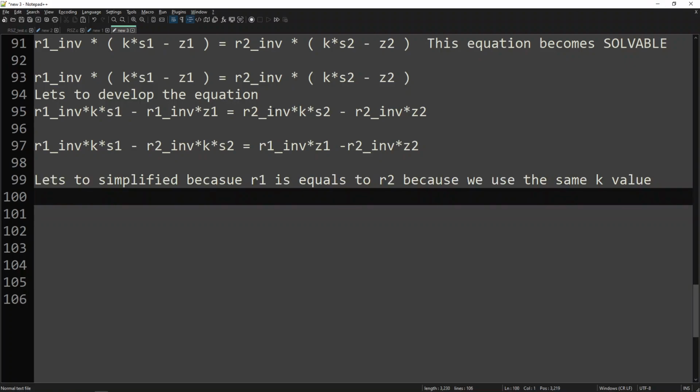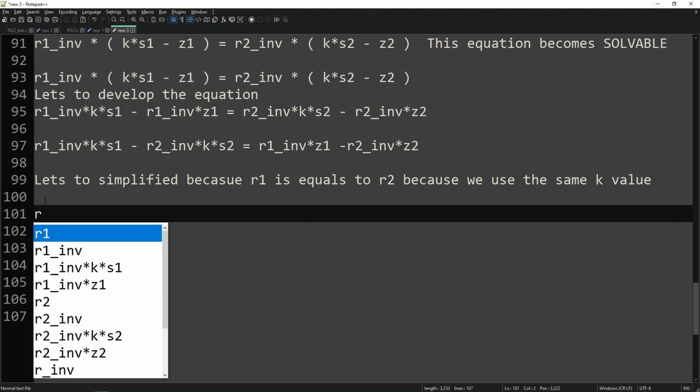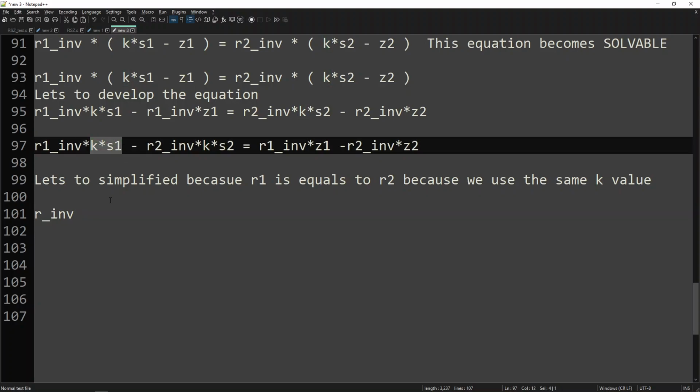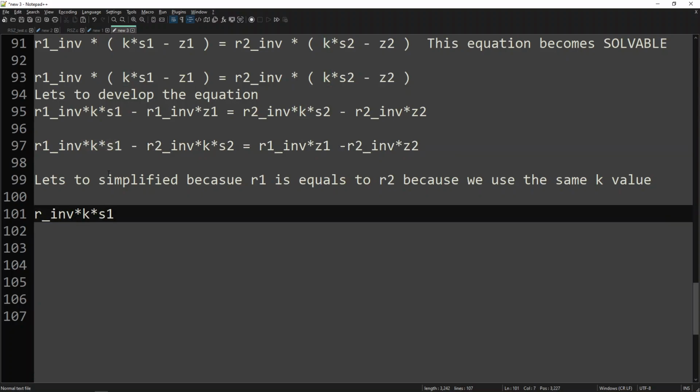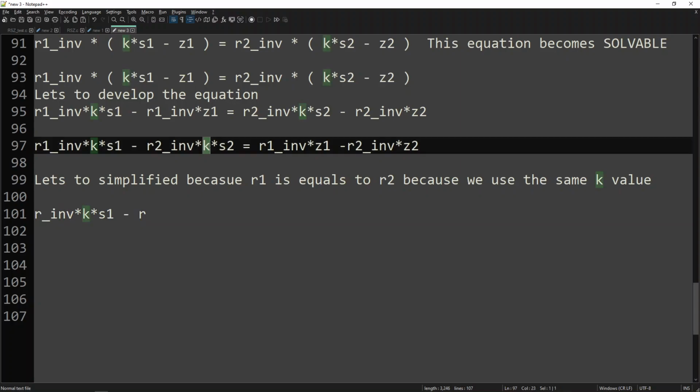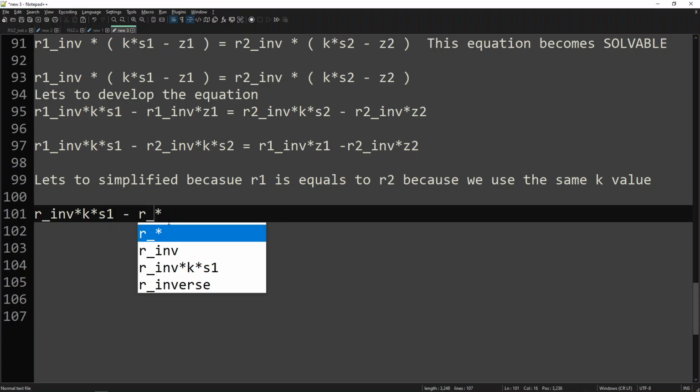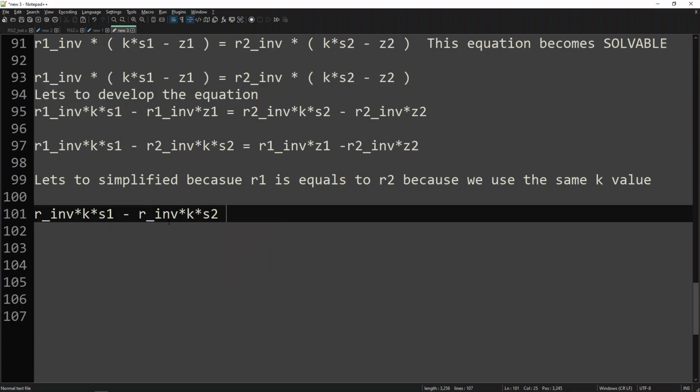Okay, so it is R inverse that multiplies this value, and minus R inverse that multiplies these values also equals. Let me copy this and we can remove the number. So we have some R inverse in common. We can remove that in this way.